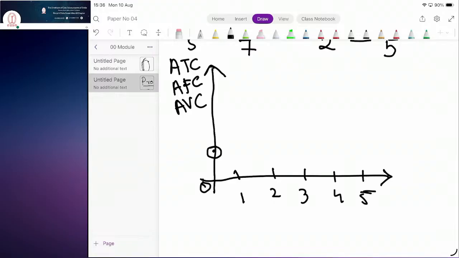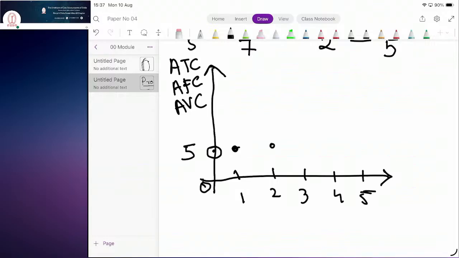Online students, plot the AVC, average variable cost. Are you all getting this? Okay, for 0 you cannot plot. For 1, what is the value of AVC? 5. For 2 also it is 5, na?